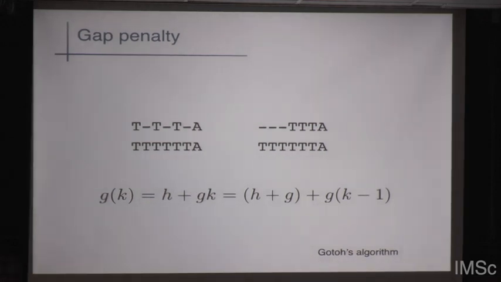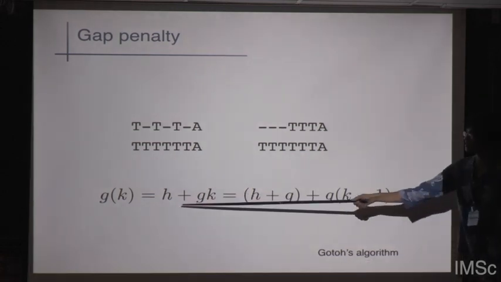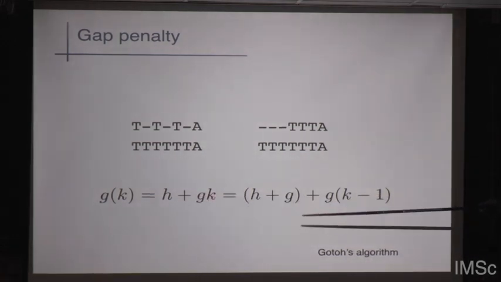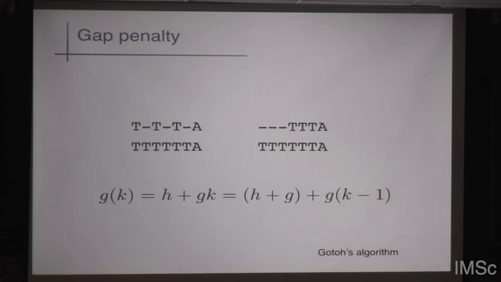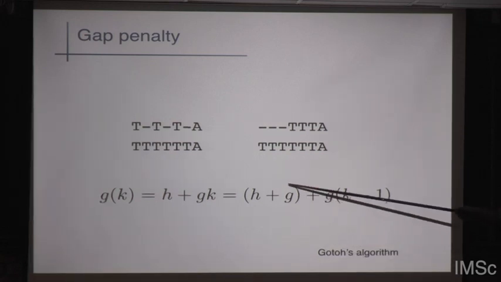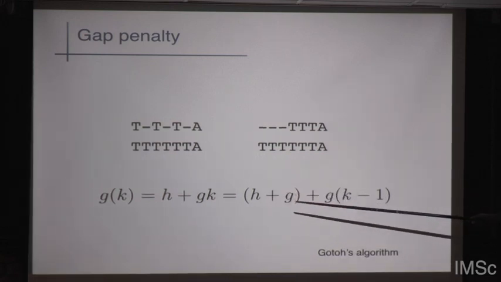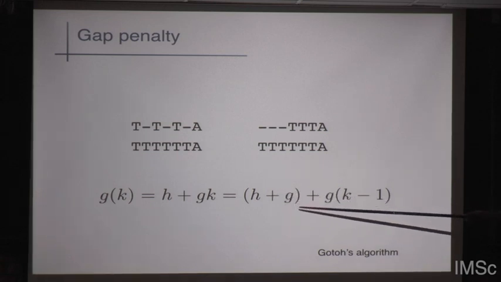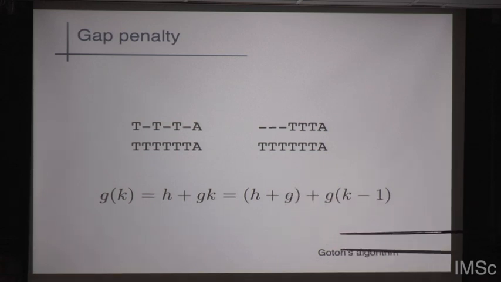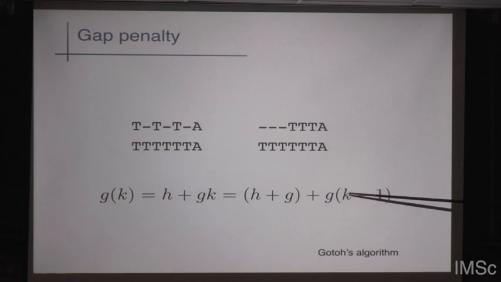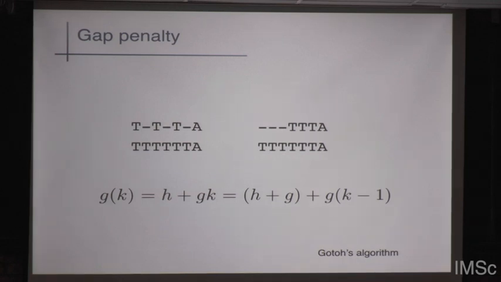So what you're saying is that there is a constant h, which is just extra, which is given to every first gap. So the first gap is going to have h plus g penalty. All subsequent gaps are going to have an addition of g. Earlier we had a gap penalty that looked like this.